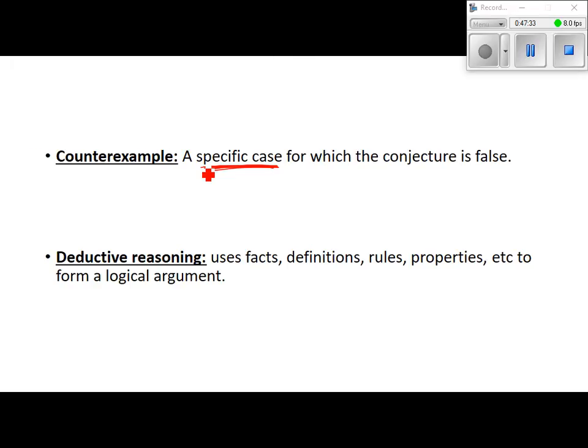No. So for my conjecture that I made, what counterexample could you give me? You could write out Caleb Clayman, because that would be a counterexample. That's the specific counterexample.